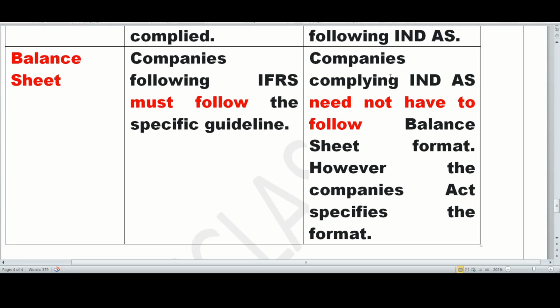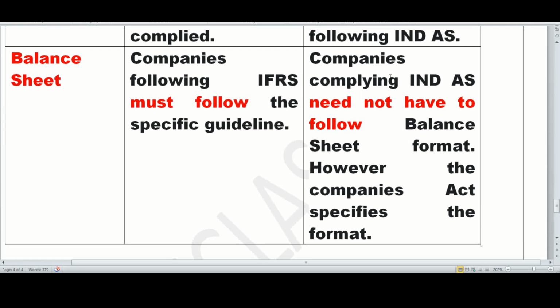Then comes the balance sheet. In case of IFRS, the companies must follow the specific guideline of IFRS in preparation of their financial statement, including the balance sheet. In case of Ind AS, if the companies are following Ind AS, the balance sheet format is not specified.